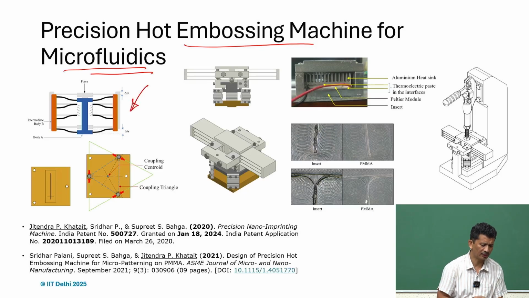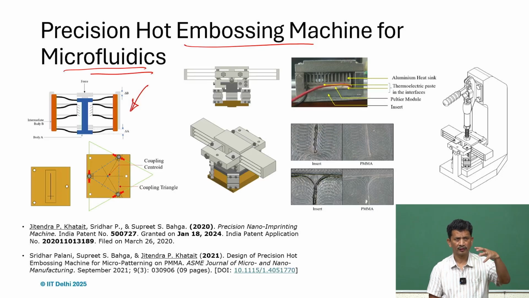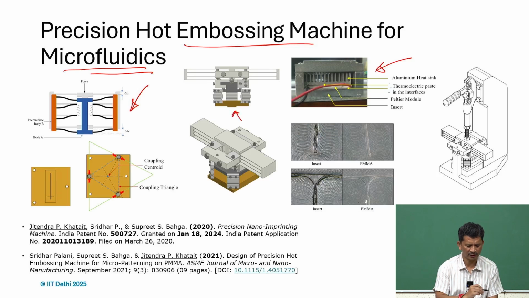So what you see here is a straight guidance, and what is desired is when we put the substrate and when we apply the force, and we are providing the heat, so that the feature, whatever the feature at the bottom what we have, it gets transferred to the substrate precisely without any damage.